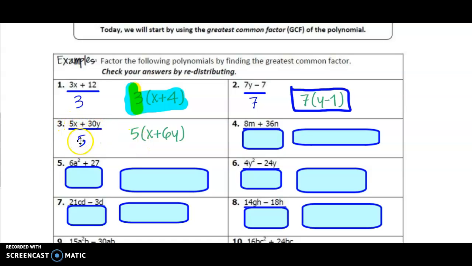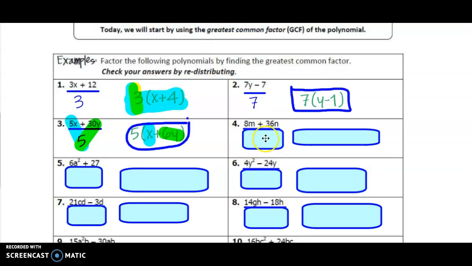So 5x divided by 5 is x, and 30y divided by 5 is 6y. So that's where those came from. So your final answer is 5 times the quantity x plus 6y.